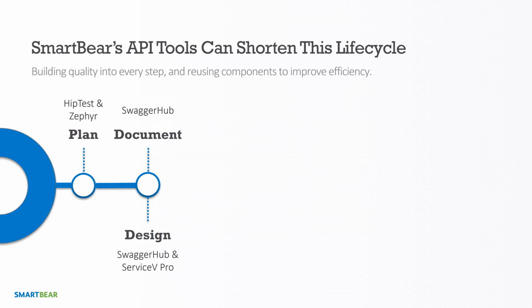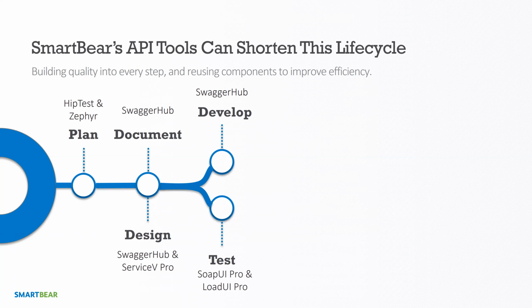And then what we're talking about today is this next portion where we can test and develop at the same time, thanks to our use of virtualization and ServiceV Pro. So once that spec is virtualized, we can start doing multiple things at once and really deliver in a shorter manner and get feedback quicker as well.